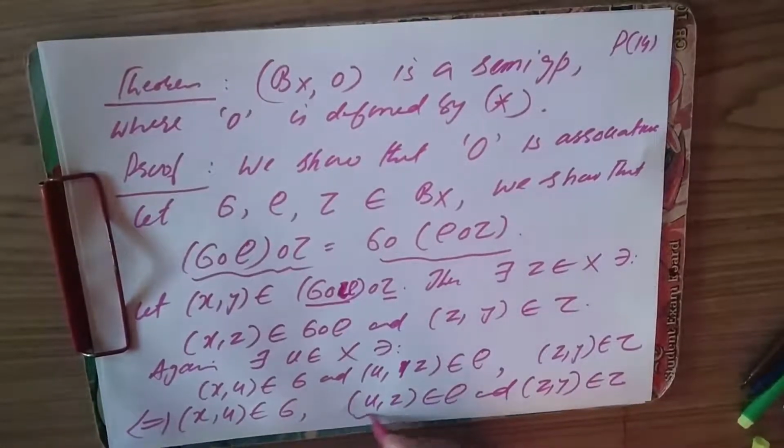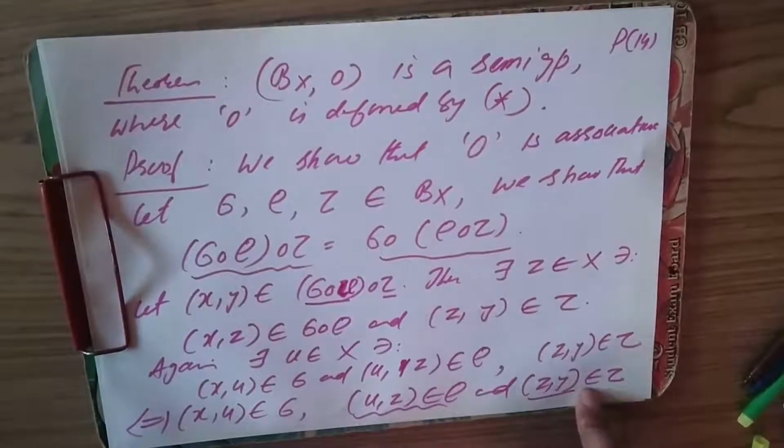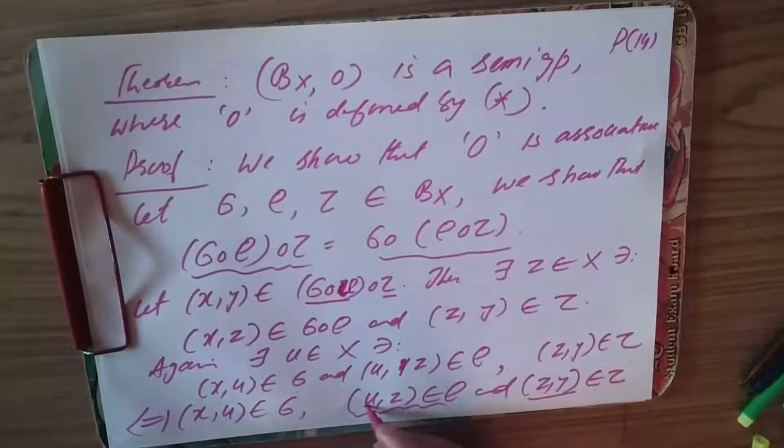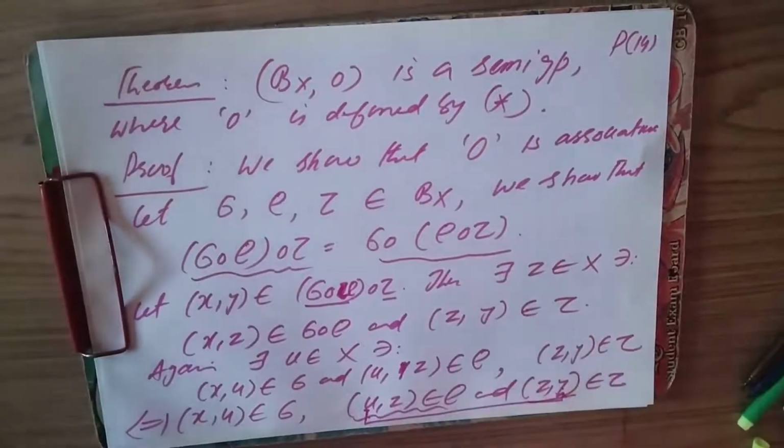So let's join these two first. (u, z) belongs to rho, (z, y) belongs to tau. That means the first element and the last element of this pair, (u, y), belongs to rho composition tau.